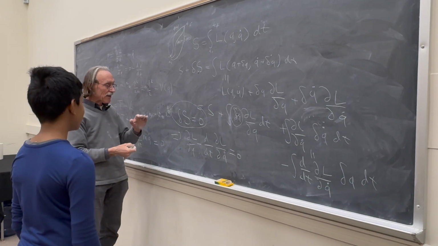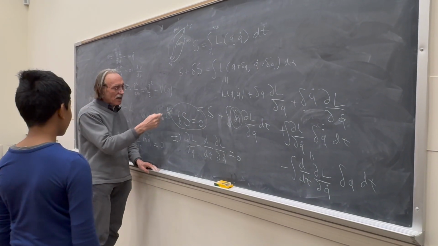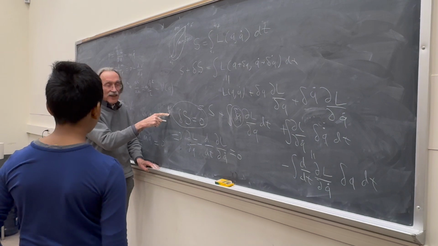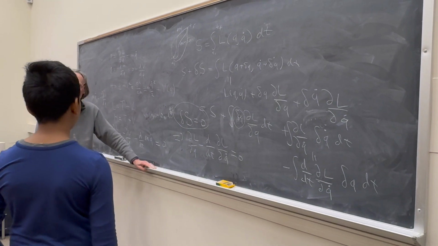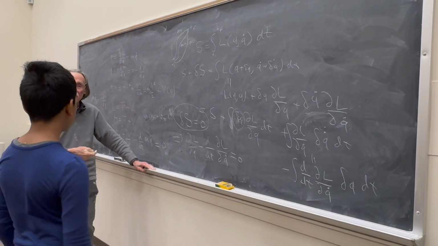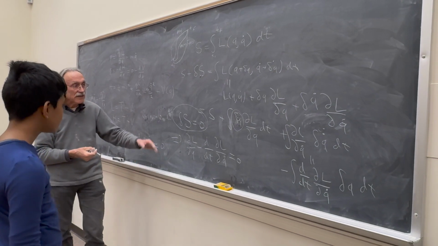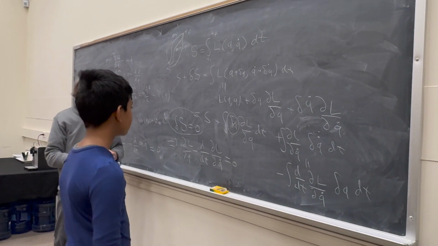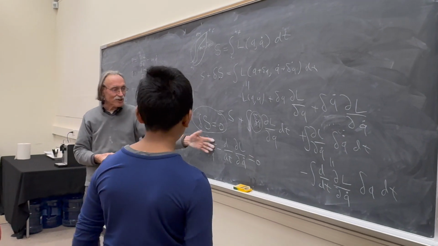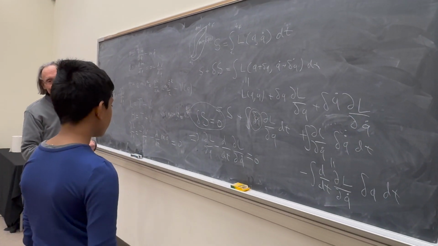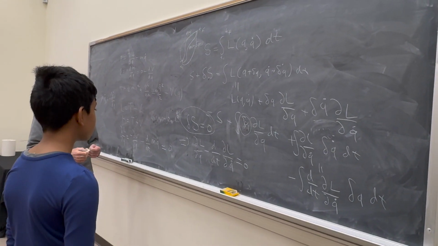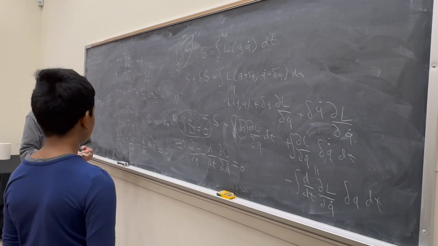So classical mechanics is what you get when h bar goes to 0. That's indeed the correct classical limit of quantum mechanics, and that is why this works. But the amazing thing is that this was discovered well before quantum mechanics by Euler and Lagrange.